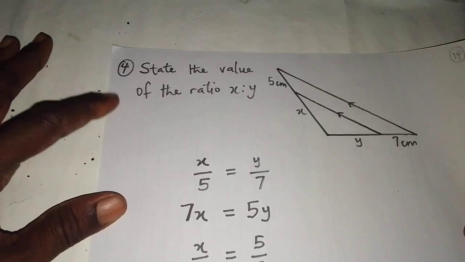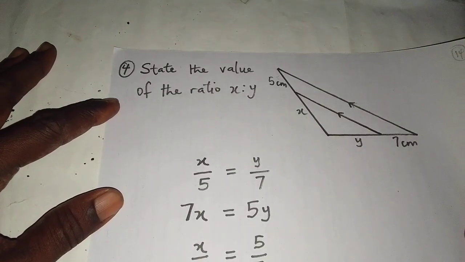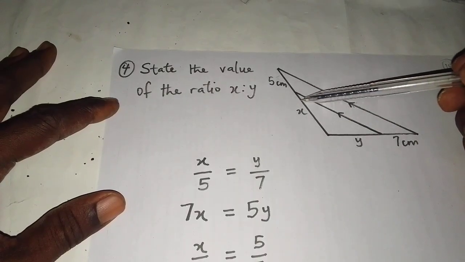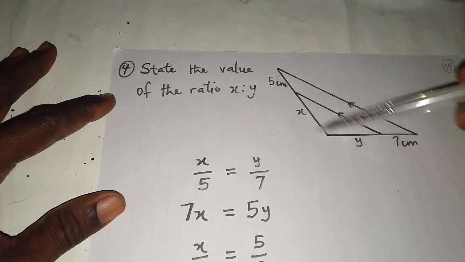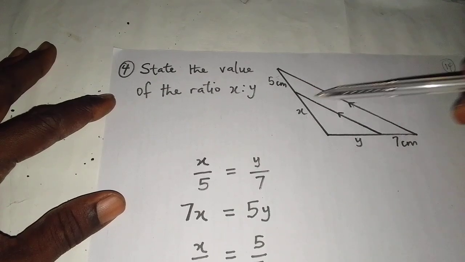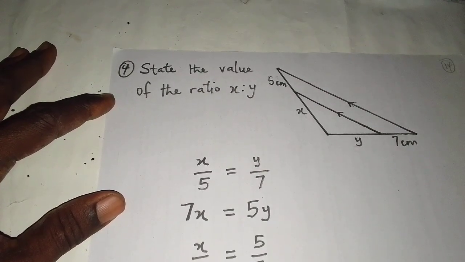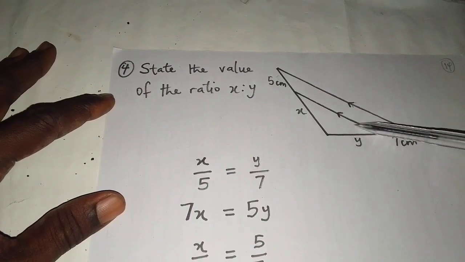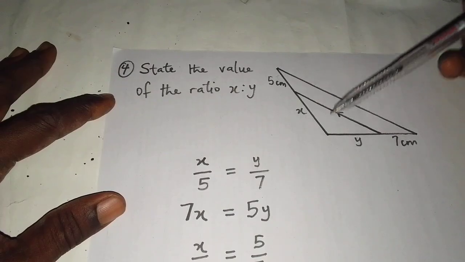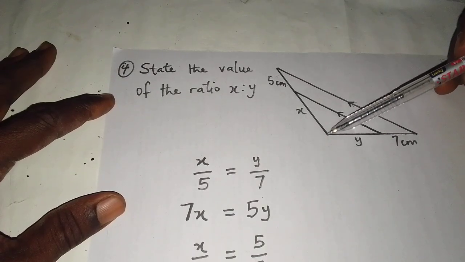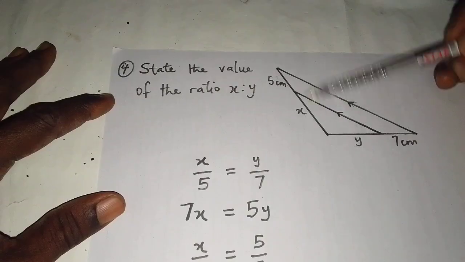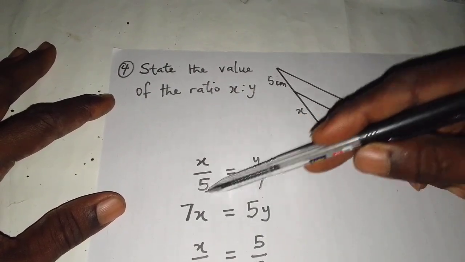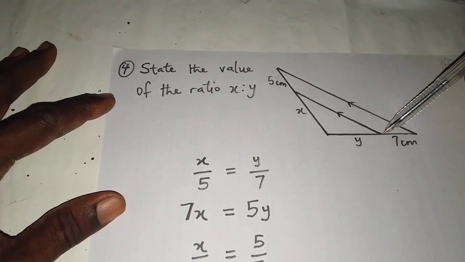Now let's do another example. We are having this example 4. State the value of the ratio x to y. We are told to look for the ratio x to y. Now in this triangle, we are told that this side is parallel to this, and since the knowledge tells us that the ratio at which this parallel line divides this side will be equal to the ratio at which it will divide this side, that means if I'm starting from this side, then the ratio of x over 5 should be equal to the ratio of y over 7.